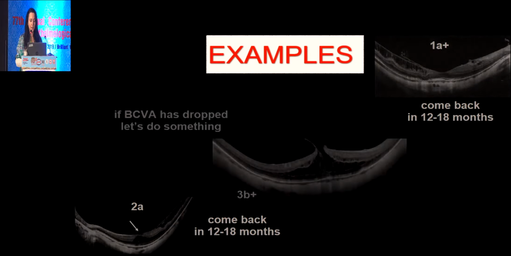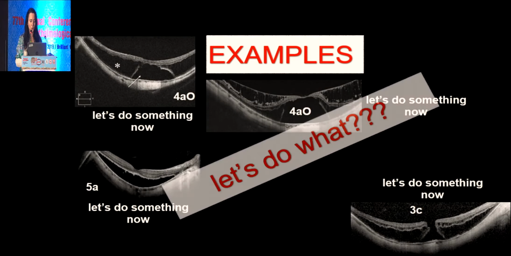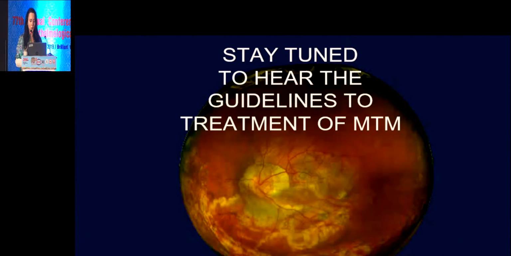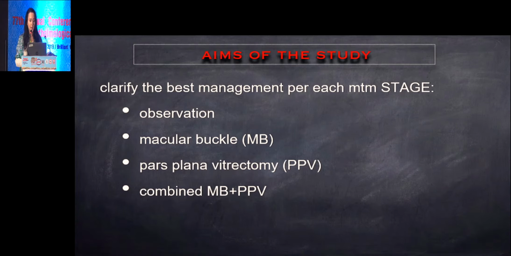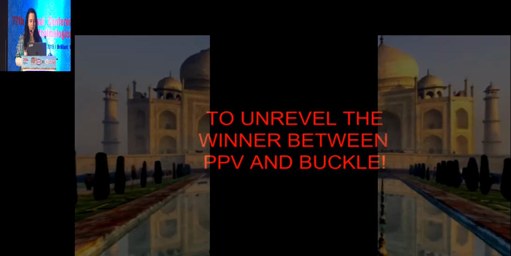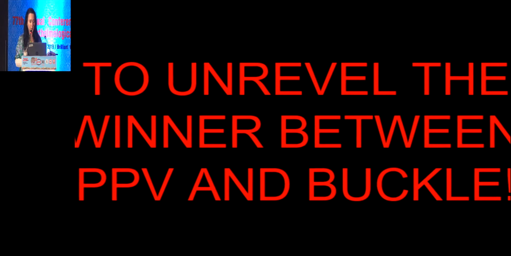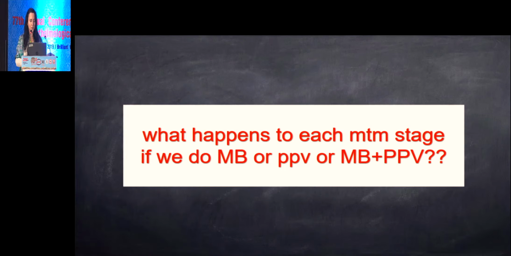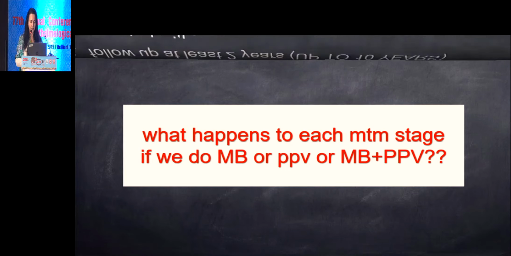Just to tell you that I have studied, I will go to the treatment to know what to do with these patients. I have studied the tissue response to each type of surgical strategy per different stages. And basically, I wanted to find out the differences in result between macular buccal, pars plana vitrectomy, or combined technique.